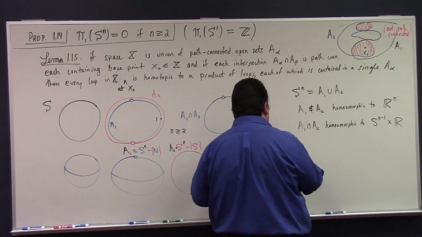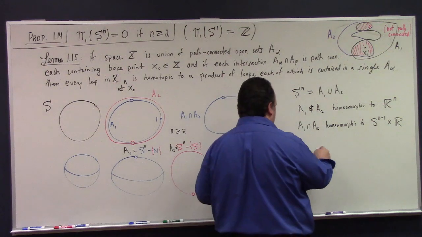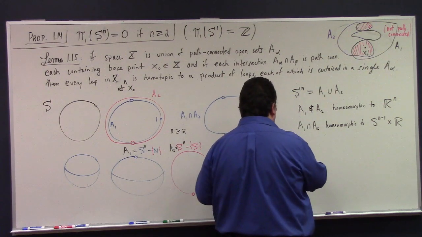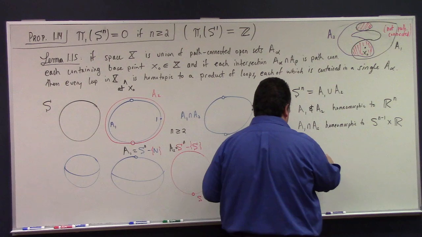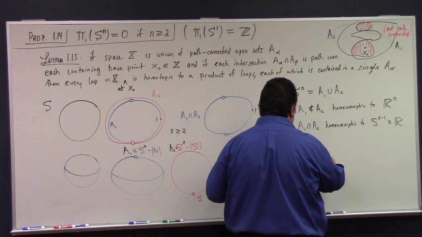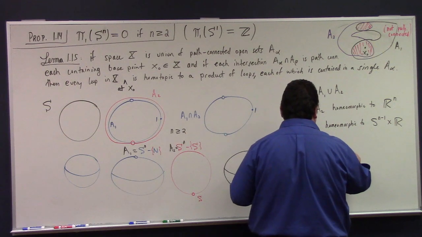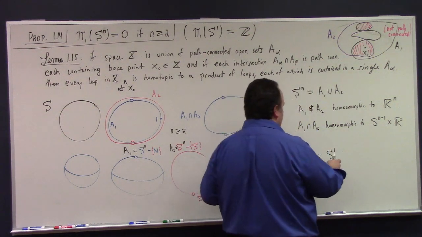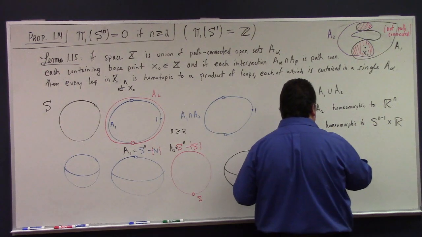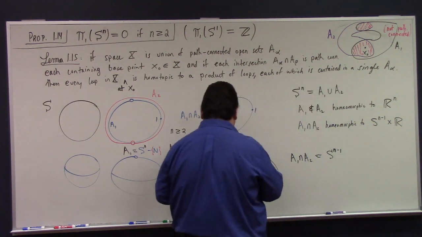I think I almost immediately see a homeomorphism between A1 intersect A2 and, well, for me this is S1, but technically the equator is Sn minus 1, right?